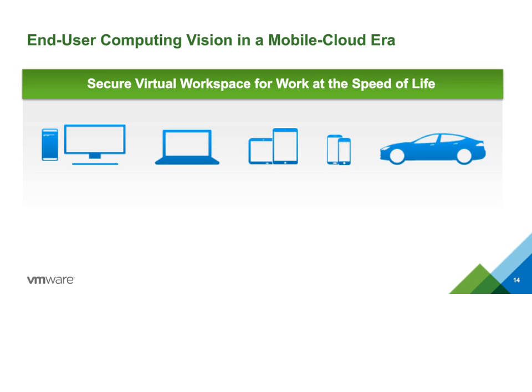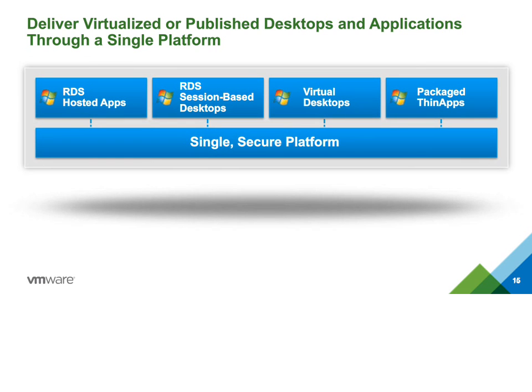And the way that we're doing this is by giving IT a platform to deliver virtualized or published desktops and applications. The platform, of course, is going to sit on vSphere, the best virtualization platform out there, the most secure platform out there.